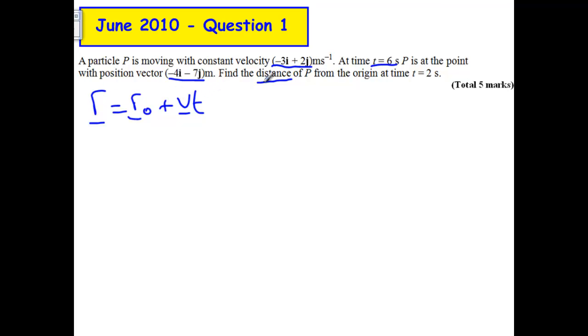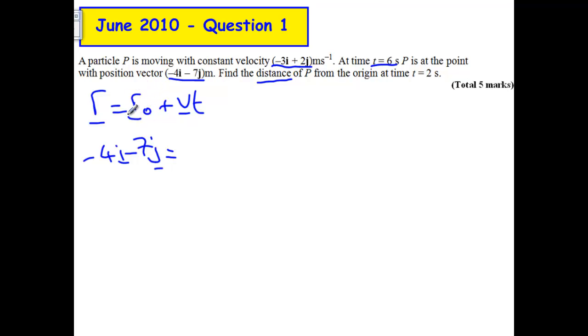And I can actually use this formula straight away. If I set the position vector at time t equals 6 equal to minus 4i minus 7j, I can substitute that in for my position vector. Now the nice thing here is this initial position vector does not have to be the position vector at time t equals 0.